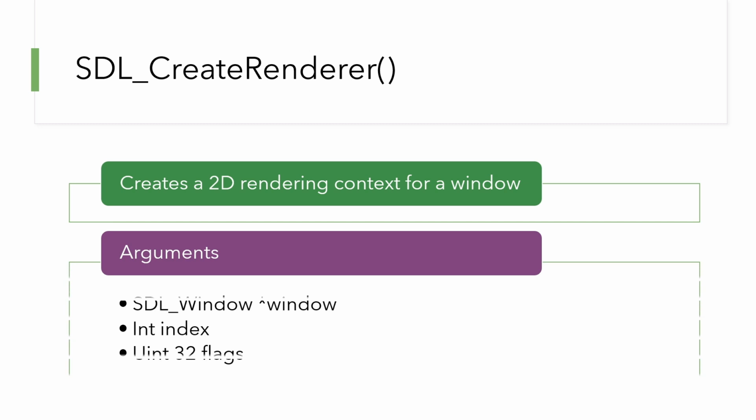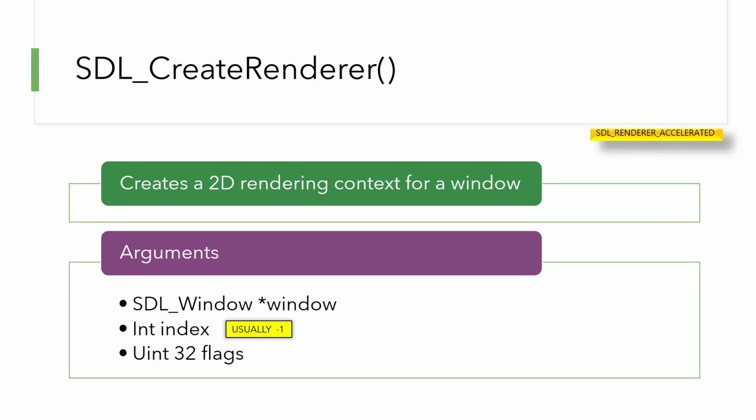So let's look at the arguments now. We have a variable window, which is essentially a pointer to a structure of SDL window type. Then we have an integer type index. Now this relates to the driver to be initialized. We normally leave this at -1 to initialize the first available driver. Unsigned int 32 flags, examples of this could be SDLRenderer accelerated, which means that our program is using hardware acceleration.